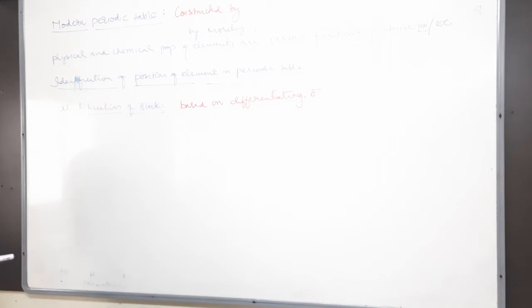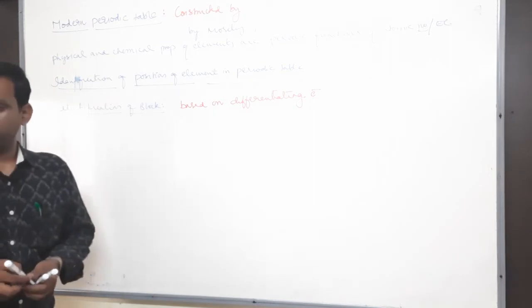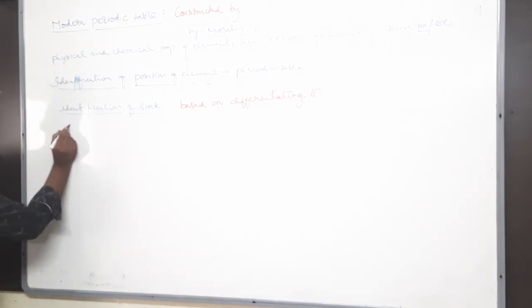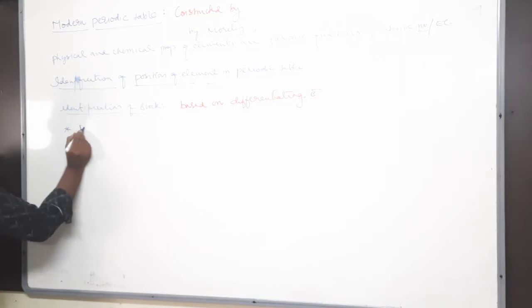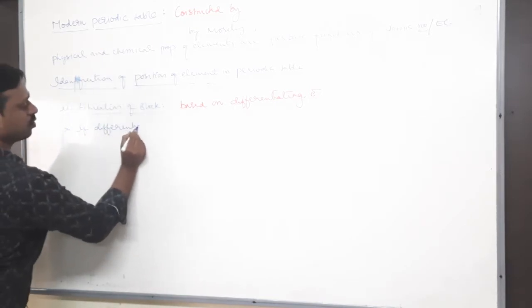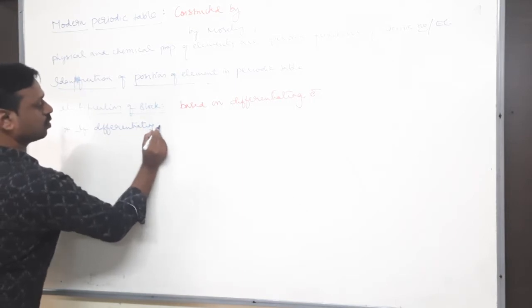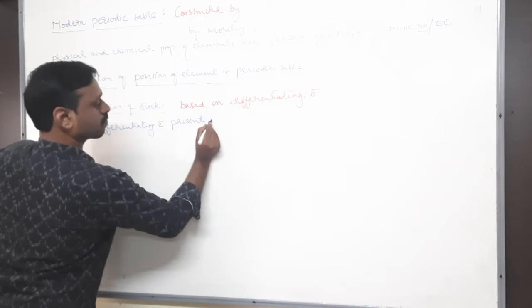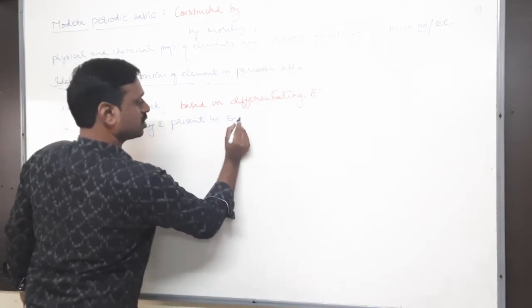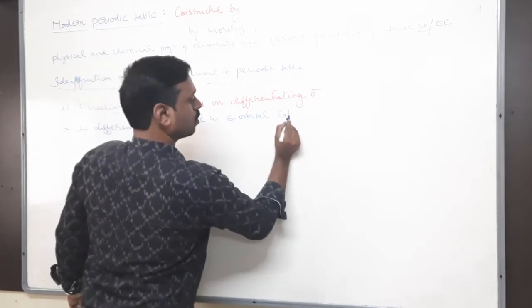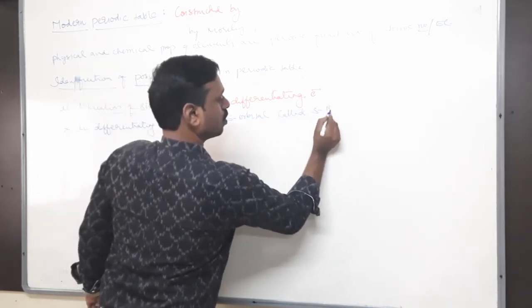If the differentiating electron is present in s orbital, it is called s block.